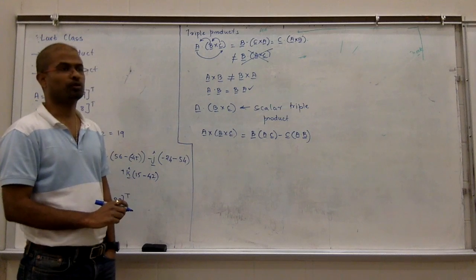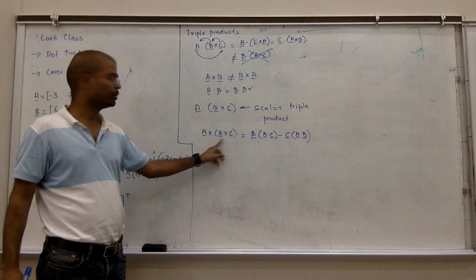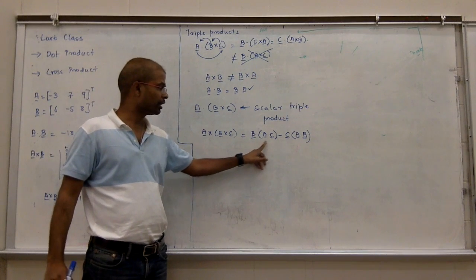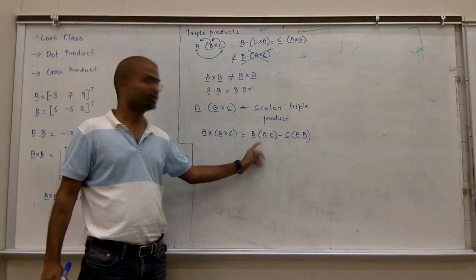This is the back cab rule. So if you see here it is A cross B cross C, so back is B, A dot C, back. Vector B.